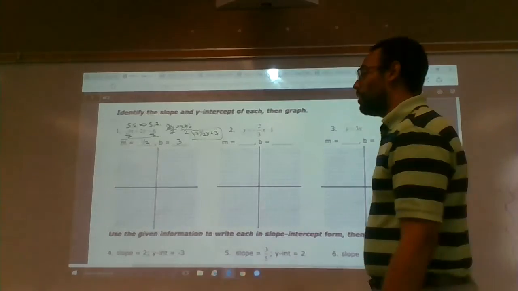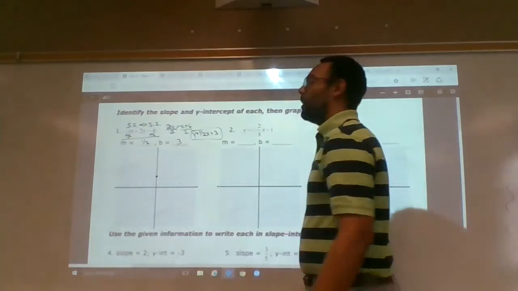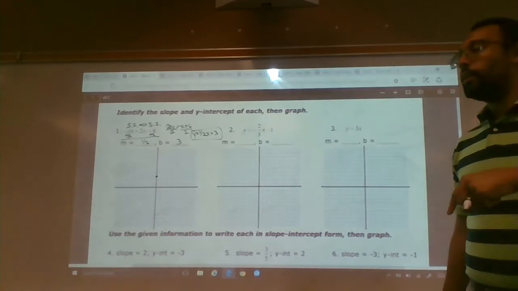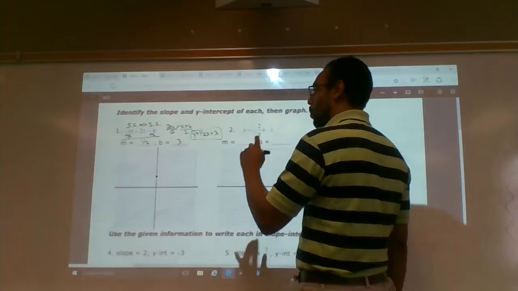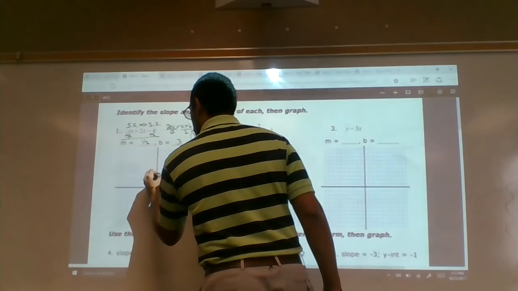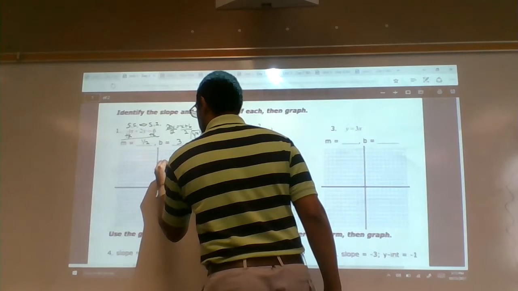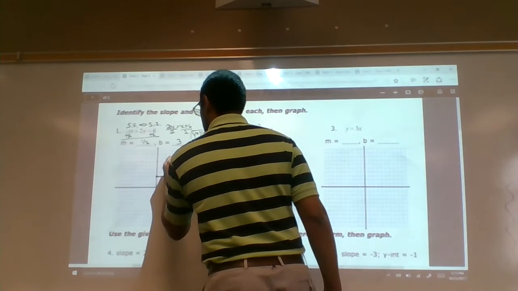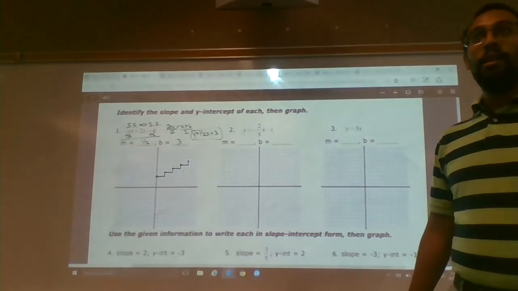So I can graph it. Here's 3. And remember, it's rise over run. So I'm going to run 2 to the right, and then I'm going to rise 1 up. Right 2, up 1, right 2, up 1, right 2, up 1. And then the other way, I'm going to go down 1 and left 2.